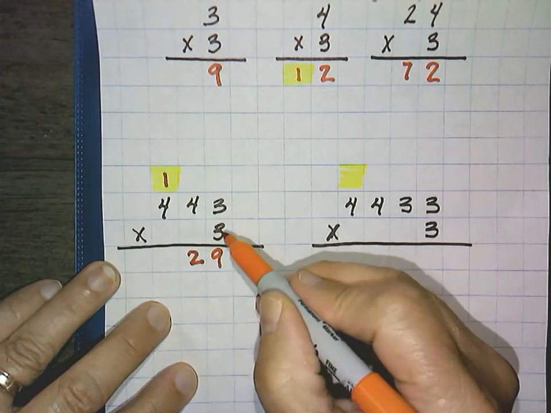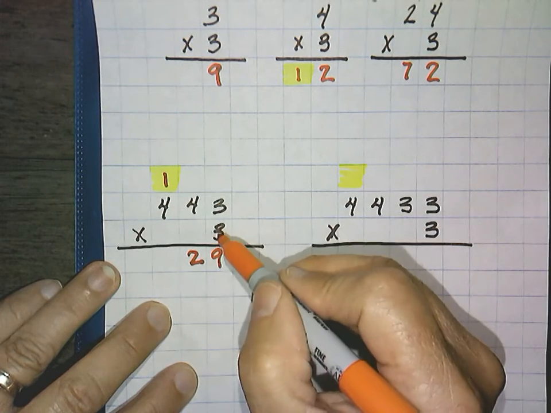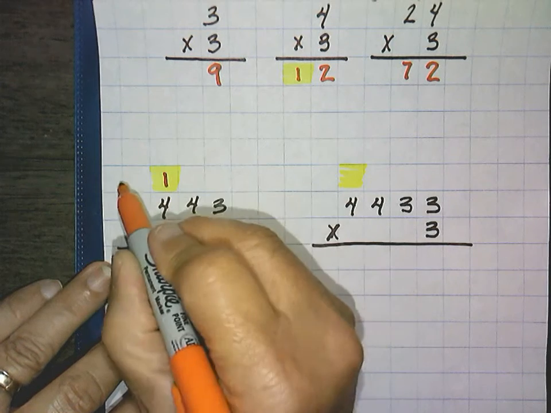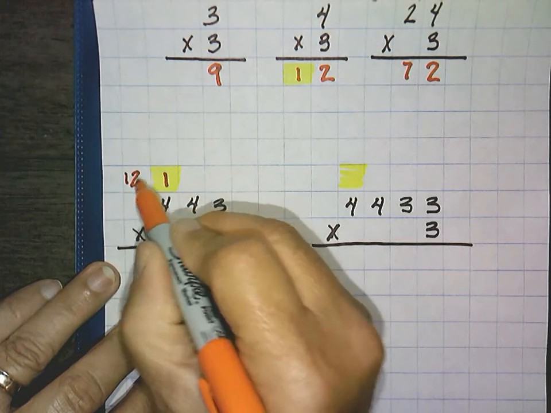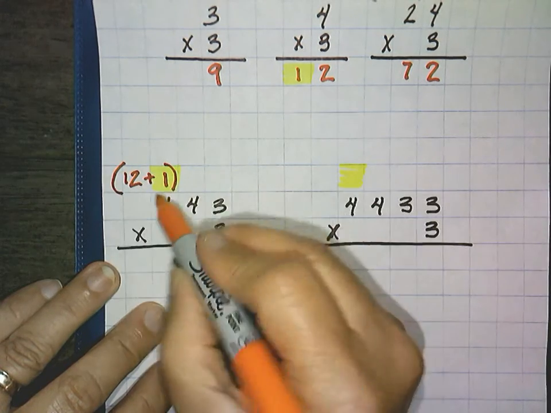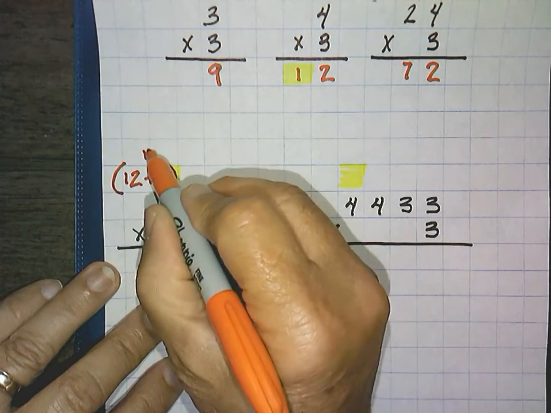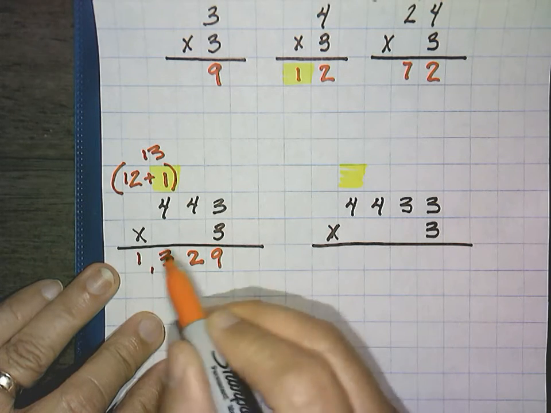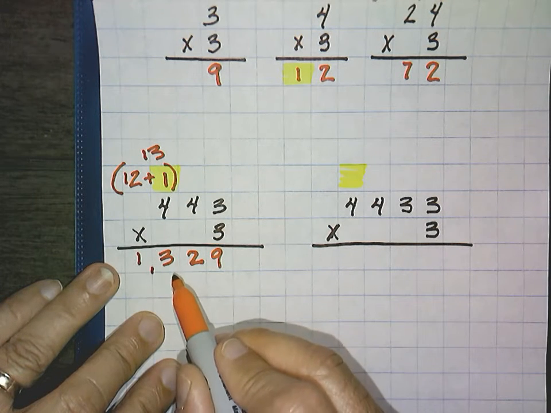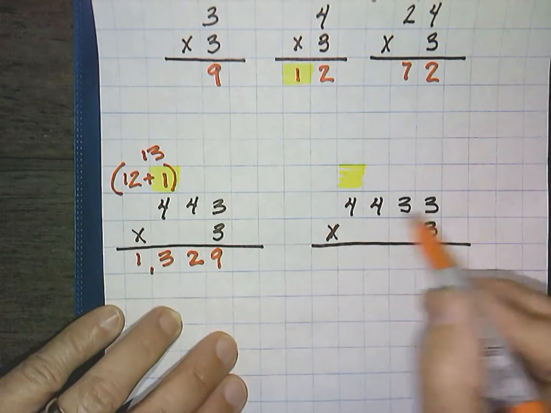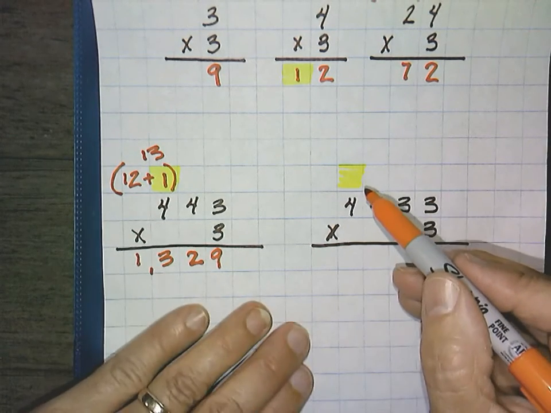And then in the hundreds, 3 times 4 is also 12, and because I've got that 1, I'm going to add that. 12 plus 1 is 13, and so my product would be 1,329. Notice here is a 4-digit, and it's the same idea involved.